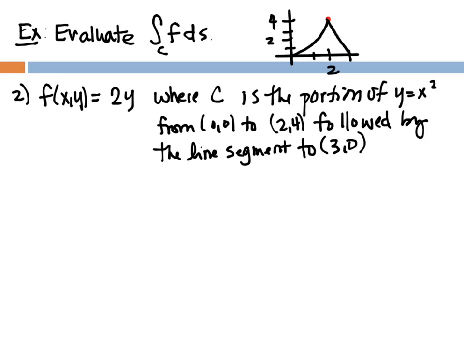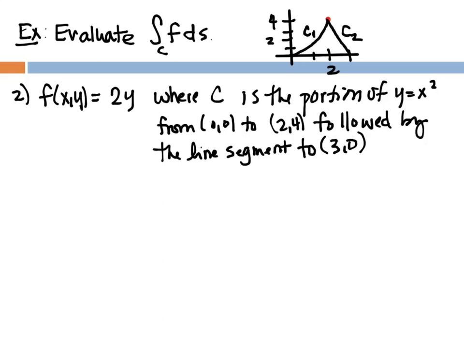Okay. So the first thing we're going to do is we're going to label these, just so we have it, as C1 and C2. And we'll just do them one at a time. And then when we're all said and done, what do you think we're going to do with our 2 line integrals? We're going to add them together. So we're doing 2 separate line integrals, and then we're going to add them. A line integral on C1 and then a line integral on C2.